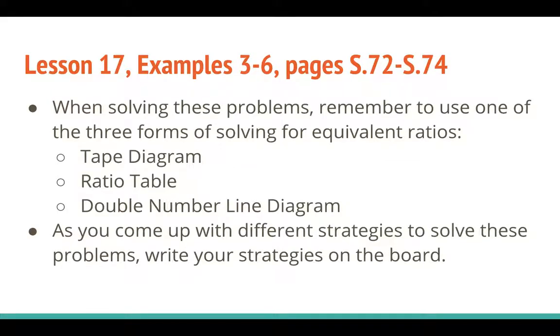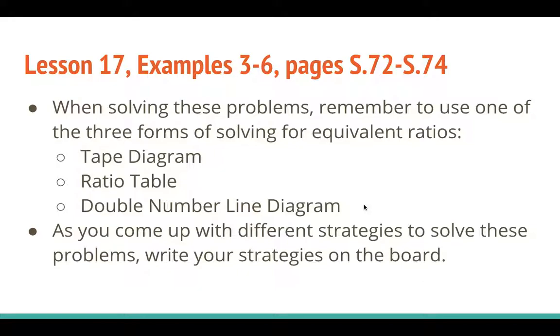Now, you are going to be moving on to examples 3 to 6, which can be found on pages S72 to S74. When solving these problems, remember to use one of the 3 forms of solving for equivalent ratios. You have your tape diagram, your ratio table, and your double number line diagram. Okay, remember that? That was on your test, so I'm hoping you still remember that.